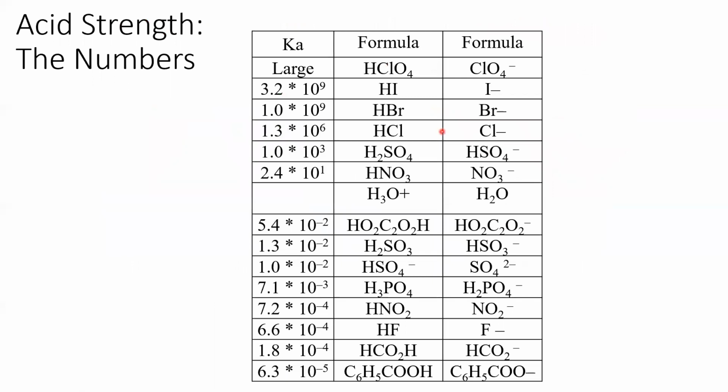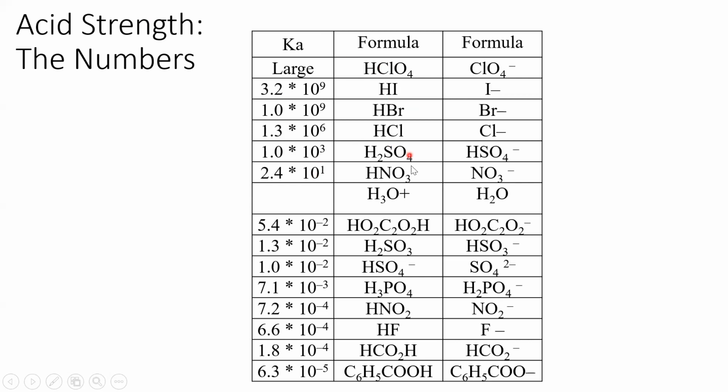Okay, let's look at some numbers. We don't have to memorize these. We'd always be given Ka values. But if we were to look at strong acids, remember these are the strong acids that we talked about before: hydroiodic, hydrobromic, hydrochloric, perchloric, nitric, sulfuric. These all have very large Ka values.